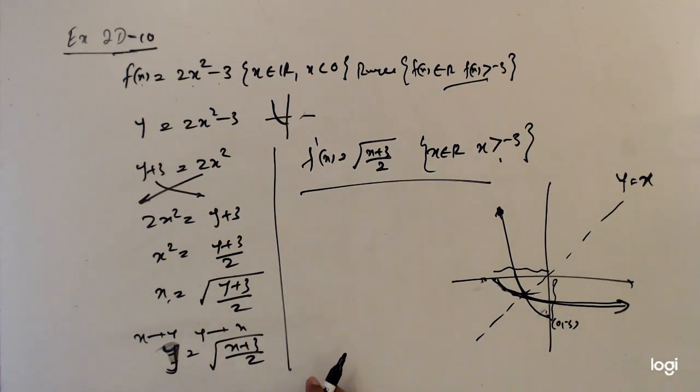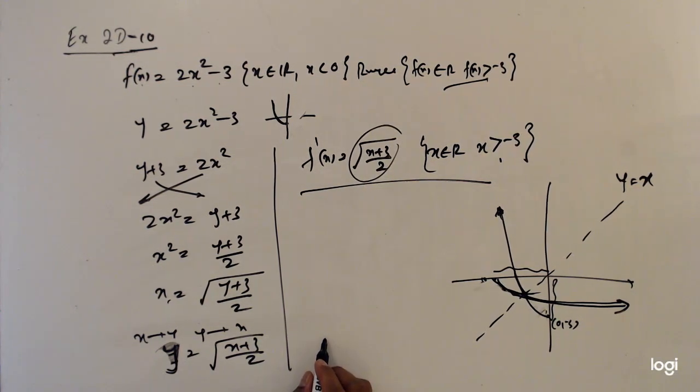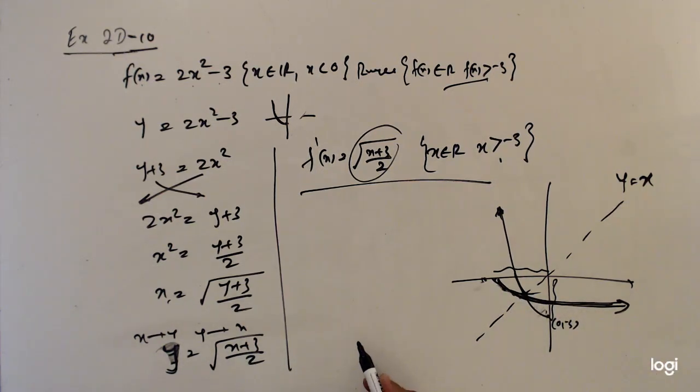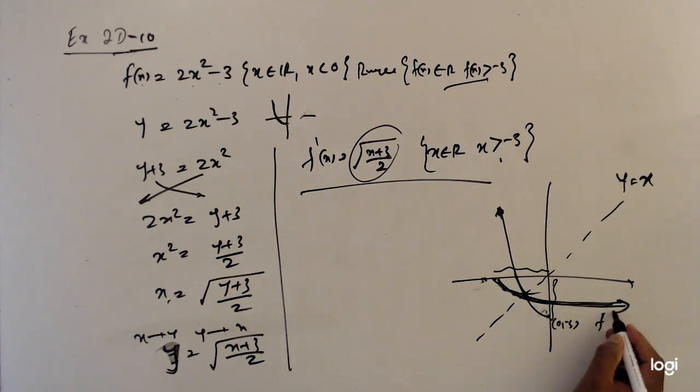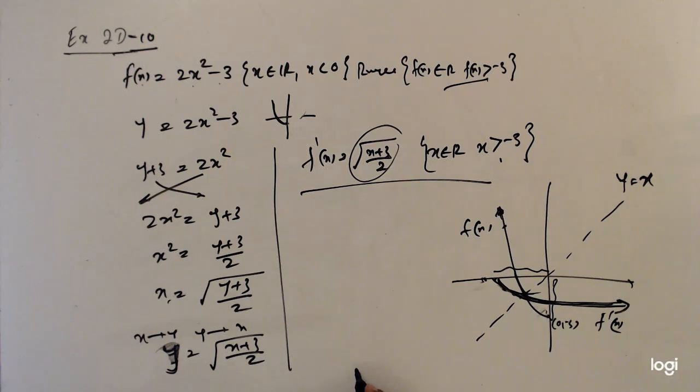Now this is wrong. Why? Because all these y values are negative values. This f inverse is, we select this part. If you select the other part, it is going to be positive. But in this case, it's negative. So we have two options, plus and minus.